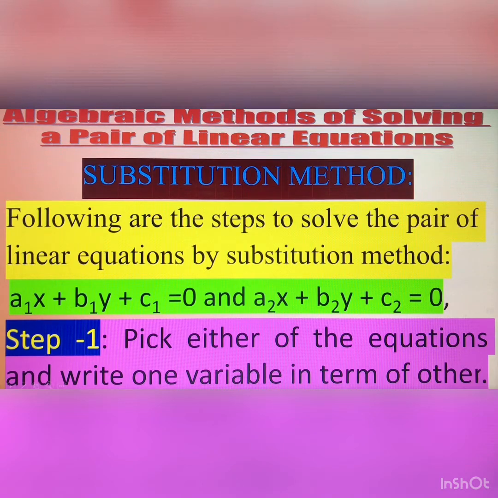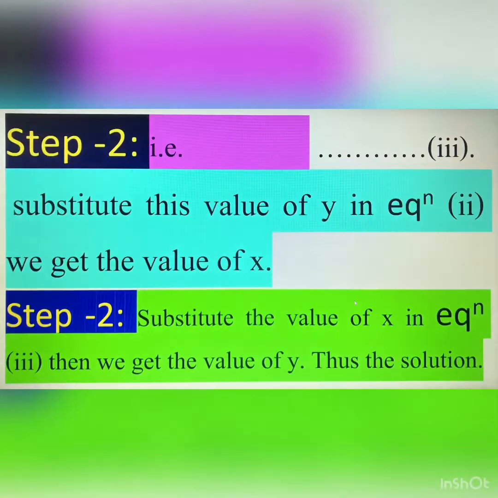Means we can choose any one equation and find the value of one variable by the transposing method. After that, substitute that value in the other one. If we find it from here, then we put the value in equation number one, and if we find the value of the variable from equation number one, then we will put the value in the second equation.